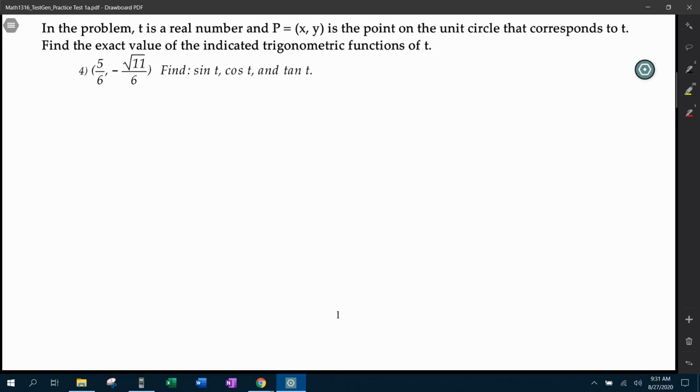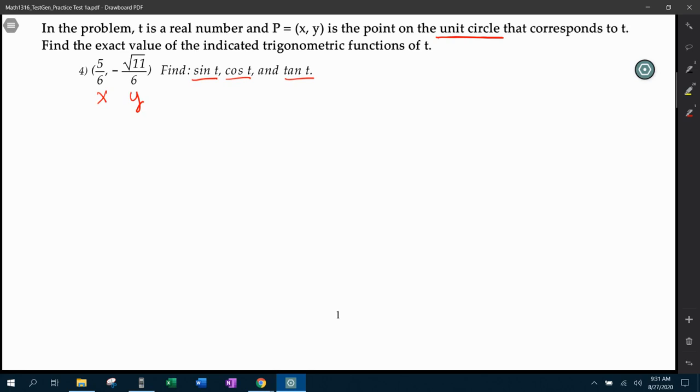They want us to find the exact value of the indicated trigonometric functions. And here, notice they want me to find sine, cosine, and tangent. And notice they do say that this is a point in the unit circle, okay? So the 5/6 is x. The negative square root of 11 over 6 is y.